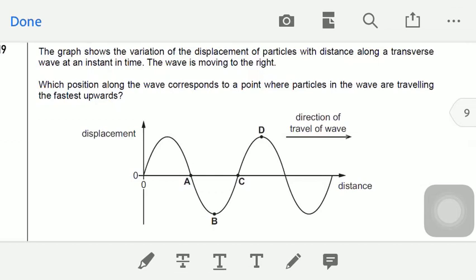Now, whenever you're doing a question like this, where they have given the wave and they're asking you to answer regarding the situation of the wave after some time, you need to understand that the entire wave pattern is shifting towards the right.